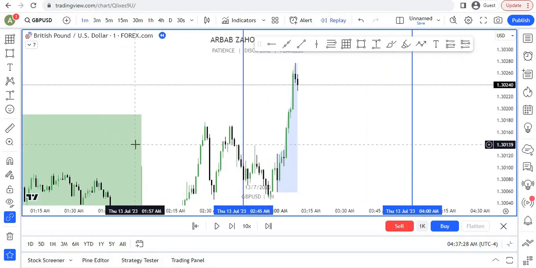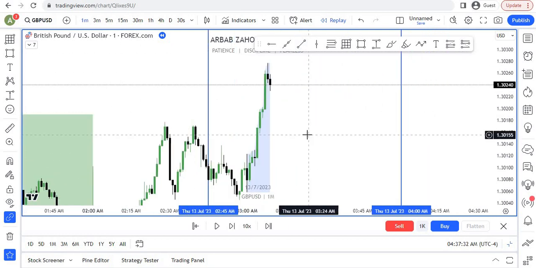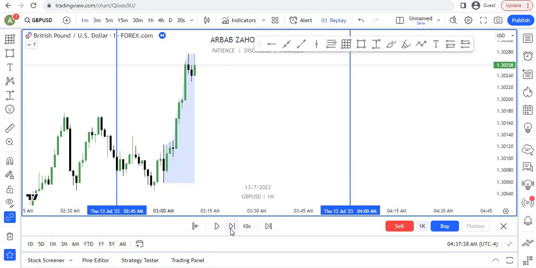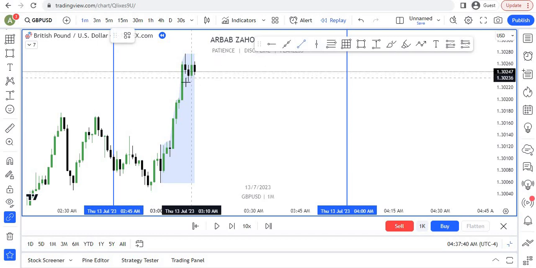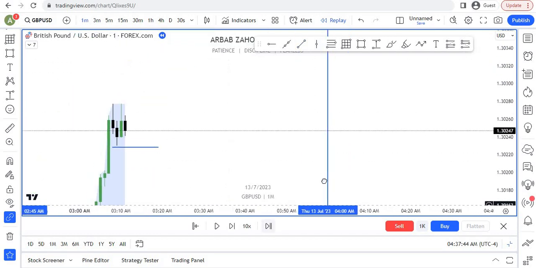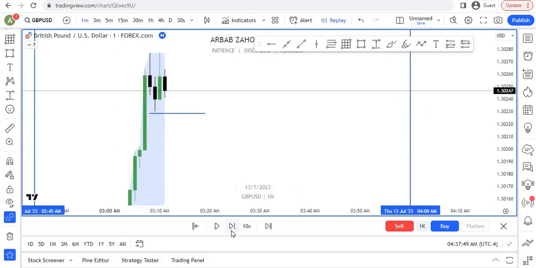Because if we don't have a liquidity area here of more than 15 pips, that's why I avoid it. Remember the point as well, the same rules. So we have this area, we should take, let's see.